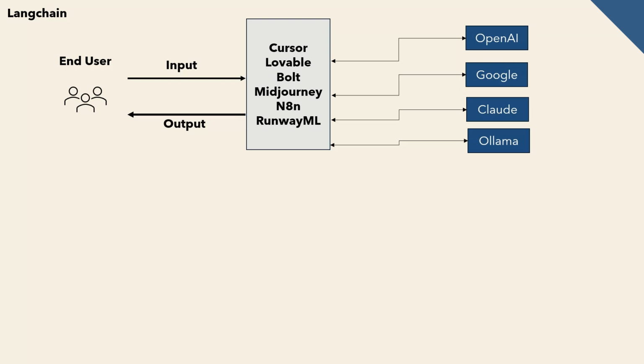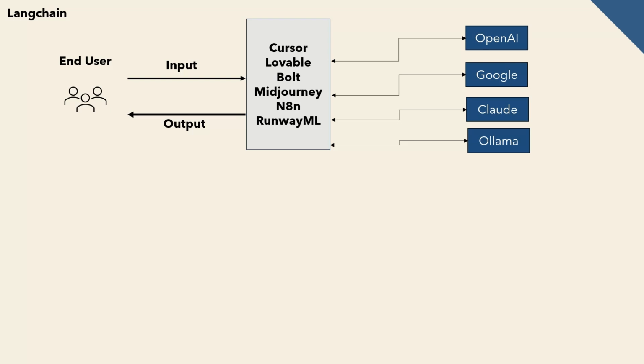From a developer perspective, the challenge is that when a product needs to switch between different LLMs, say from OpenAI to Claude or Ollama, they often have to rewrite or adapt their code to make it compatible with the new model. And each LLM has its own API, sometimes even different response formats.